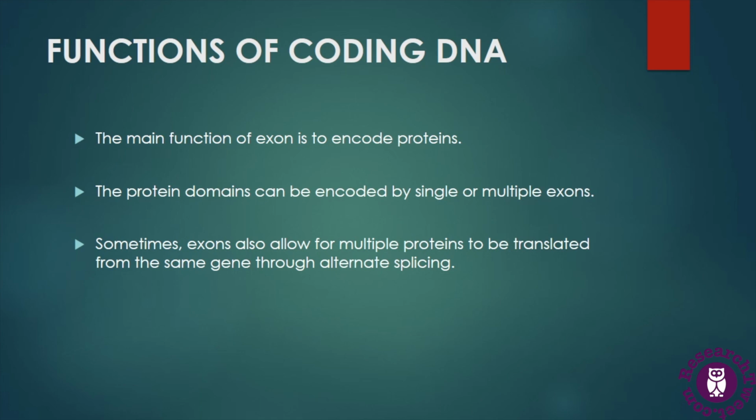The protein domains can be encoded by a single or multiple exons, because there are several exons which can encode only a single protein, like hemoglobin in eukaryotic organisms, and there are several exons which have the ability to encode multiple proteins. Sometimes the exons also allow multiple proteins to be translated from the same gene. This ability is called alternative splicing of exons.